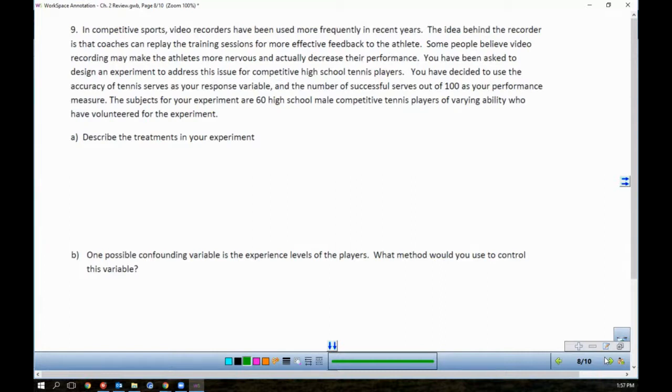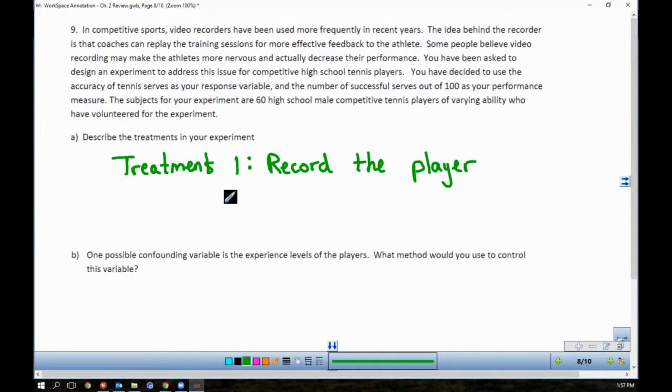So we could say that treatment 1, we record the player. And then treatment 2, we don't record the player.